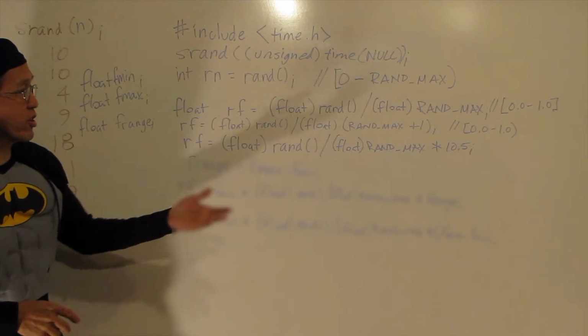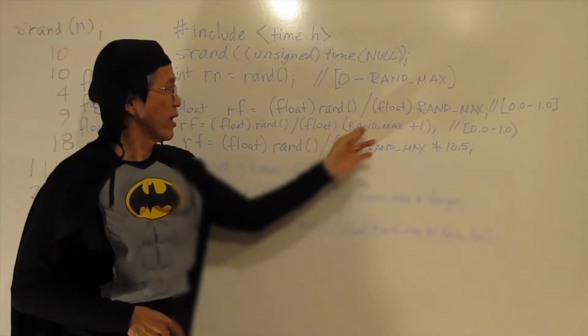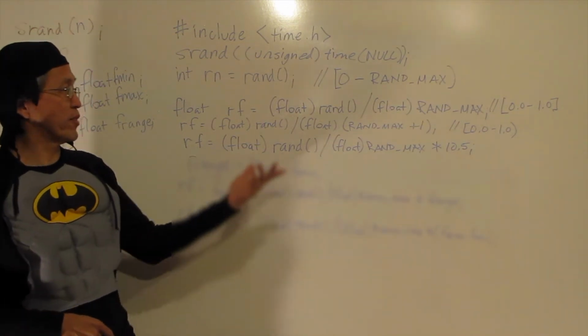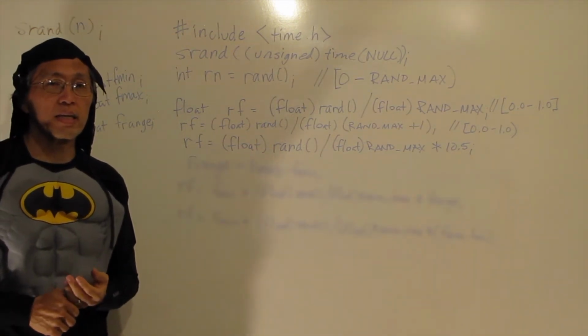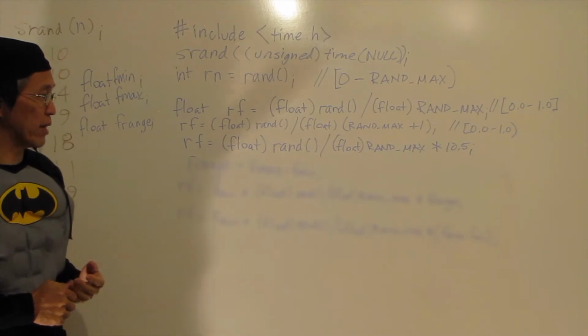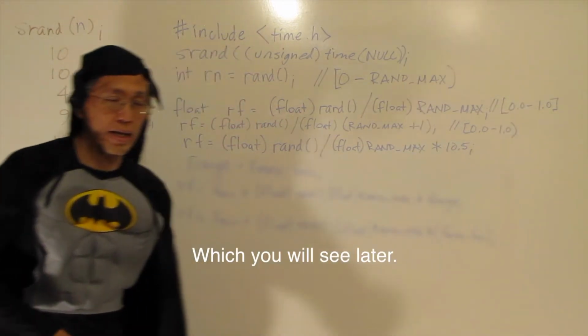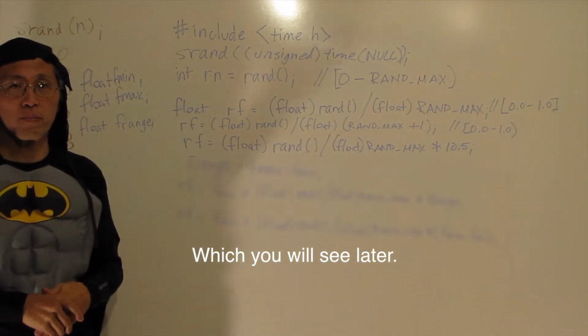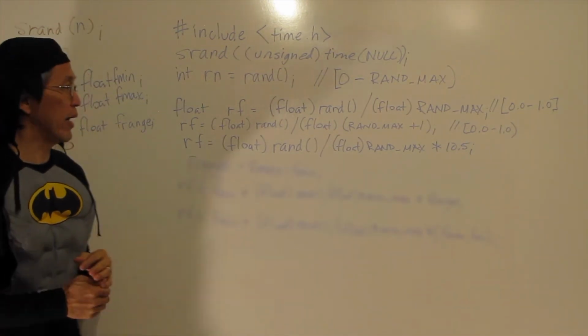The inclusive and exclusive is just determined by this guy here, whether I have the plus 1 or not. Just very similar to the integer types, but those were down in the range, and it's here in this divisor for the floating point random numbers.